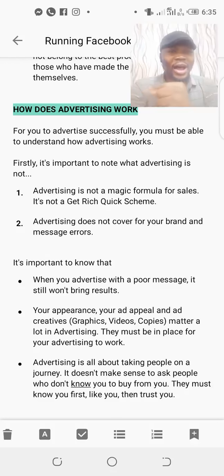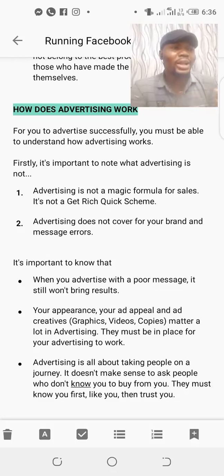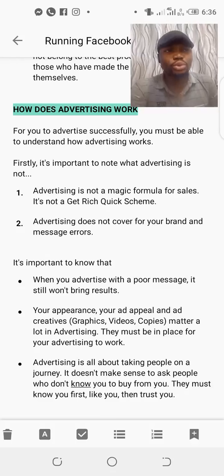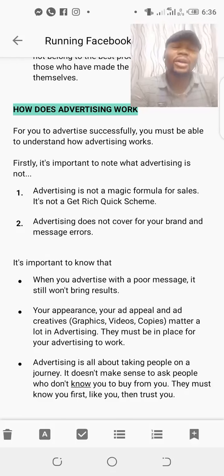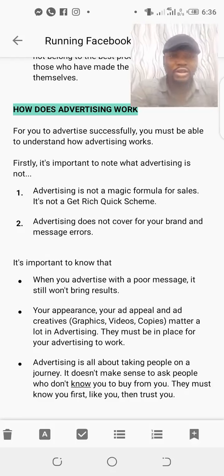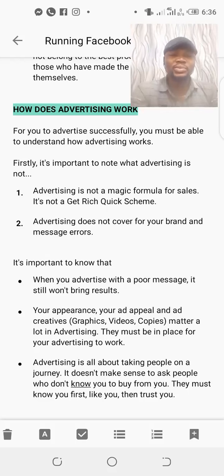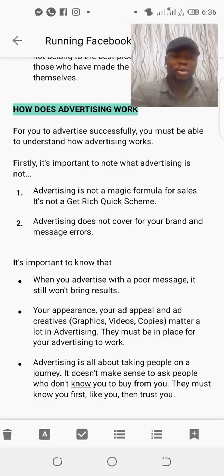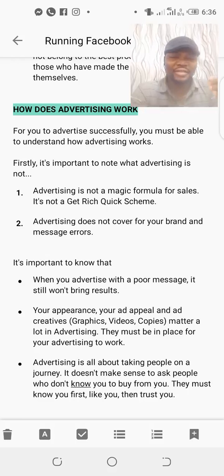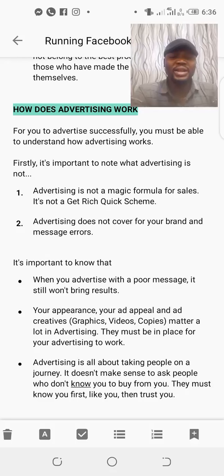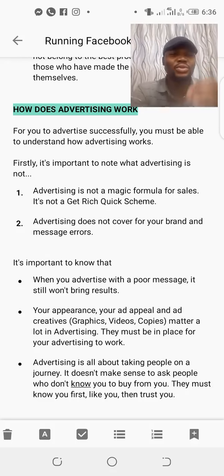How well have you prepared your message? How well are you ready to accept the crowd that is coming? It's very, very key. Your appearance, your ad appeal, your creatives, which involve your graphics, your videos, your copies, matter a lot in advertising. They must be in place for your advertising to work.